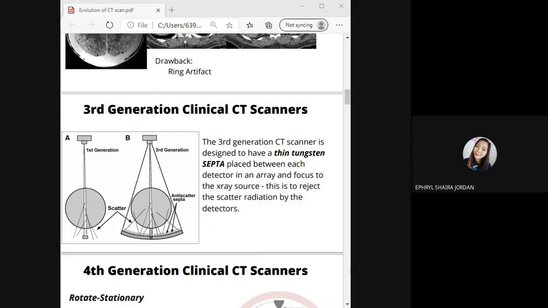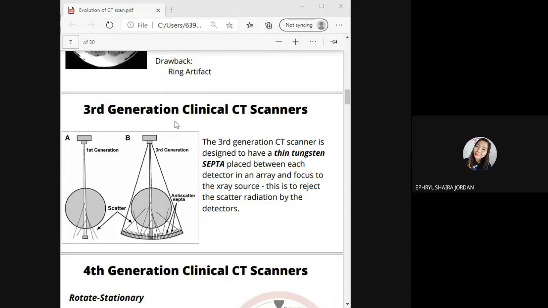So, for this generation of CT scan, in-address nila yung problem sa scatter radiation. Now, they've incorporated thin tungsten septa between each detectors. Yan. So, yan ang improvement ng third generation na CT scan. Ngayon, ang problem naman nila is ring artifact.